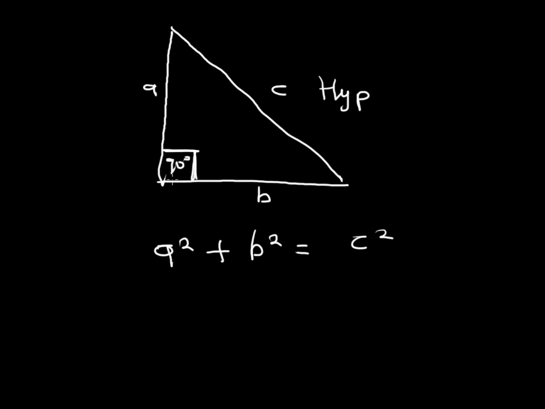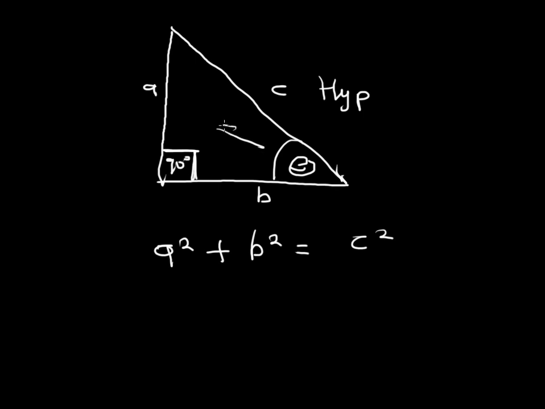Now you can also tell the hypotenuse because it is the longest side of the triangle; the longest side is always the hypotenuse. Now, how can you tell which one is the adjacent? Sometimes it's quite confusing to distinguish between adjacent and opposite.